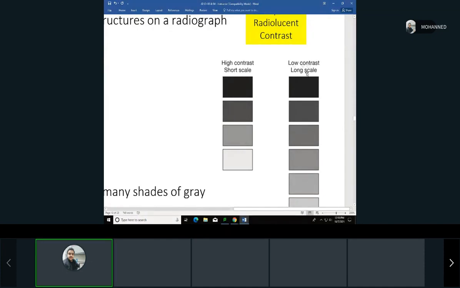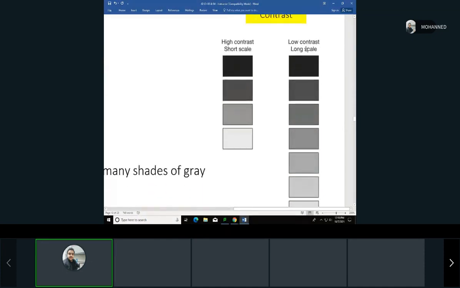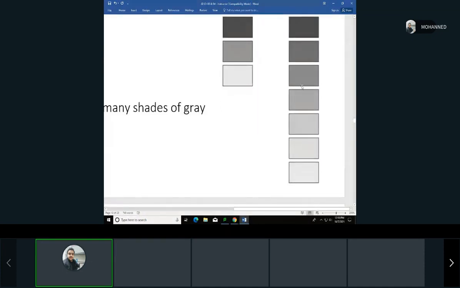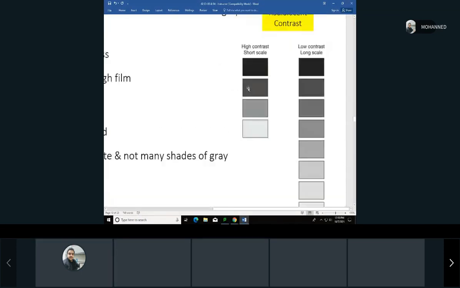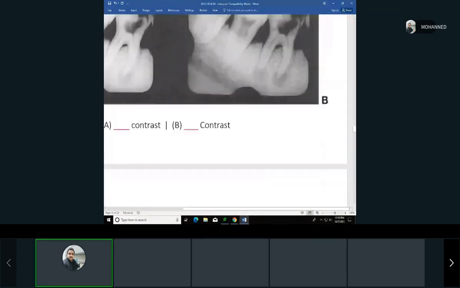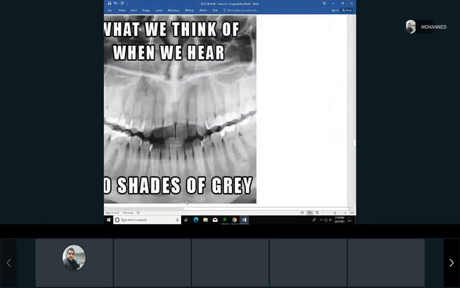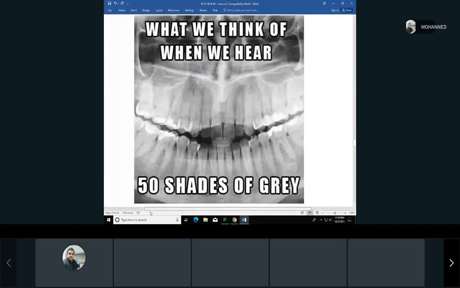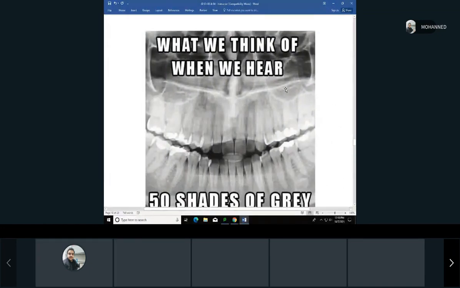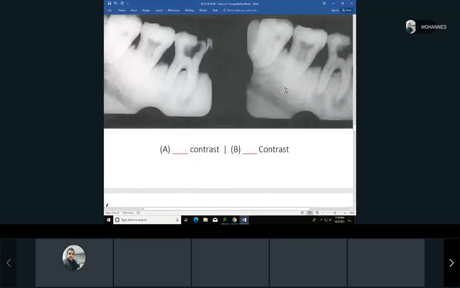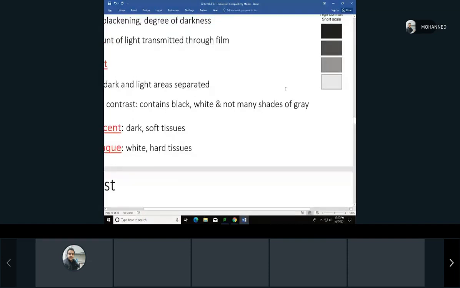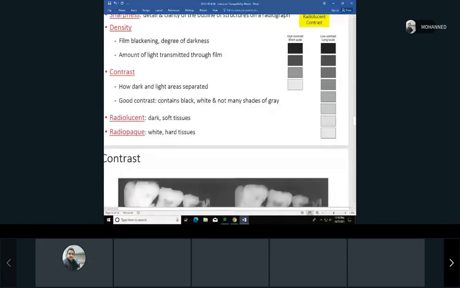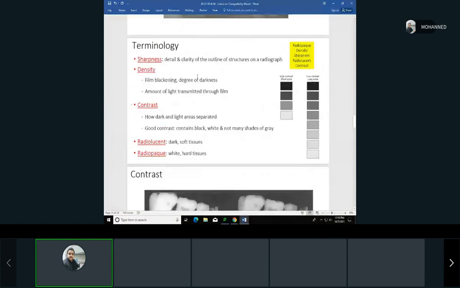Low contrast is the one that you have long scale, so you have a lot of grayish areas in there. That's why in dentistry, when we say 50 Shades of Gray, we think about that. It's an inside dental joke, right? Okay. We're good with this terminology, right?